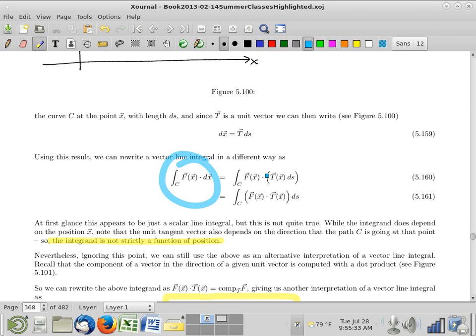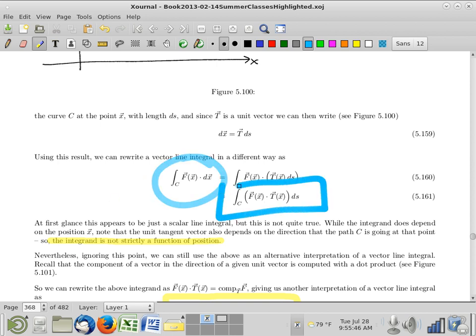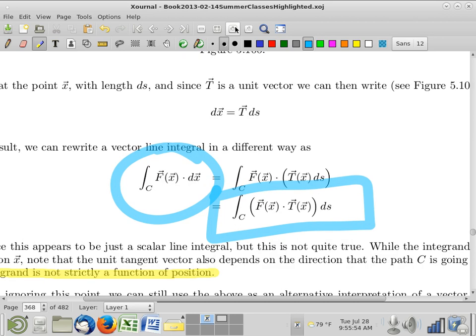Specifically, note that you can put your parentheses like that, and it allows you to reinterpret a vector line integral as something which kind of looks like a scalar line integral. And that's a neat connection. I'm going to zoom in on that for emphasis. We have an integral of something times ds.